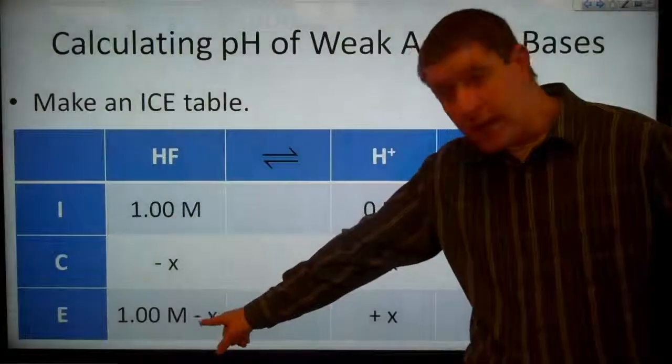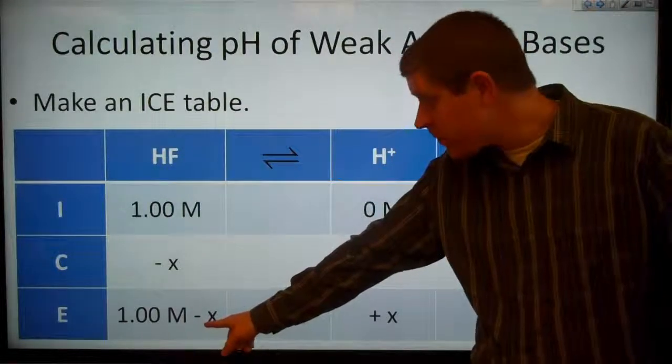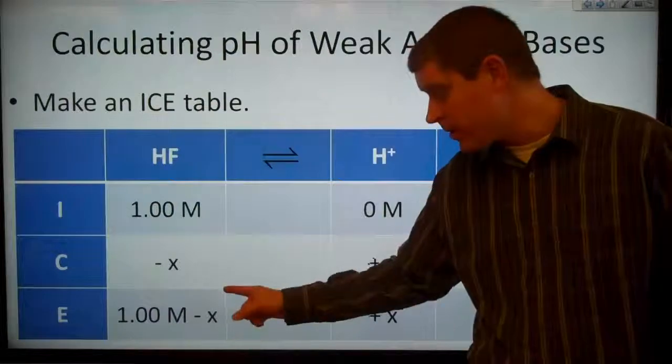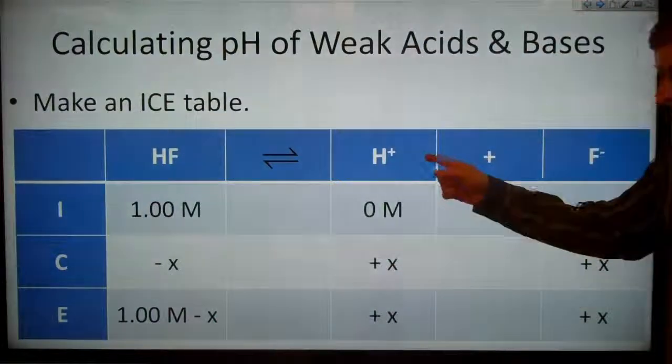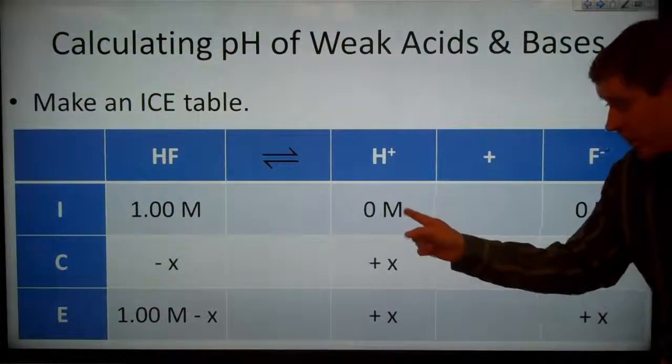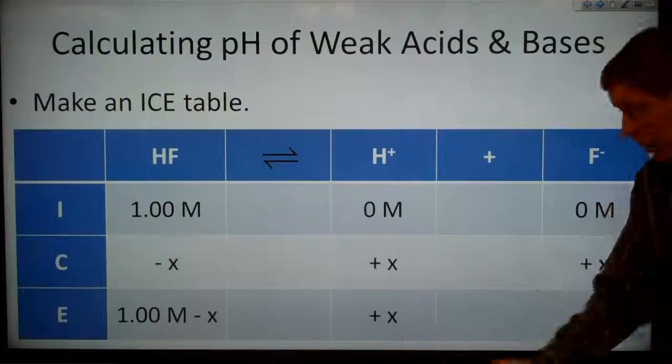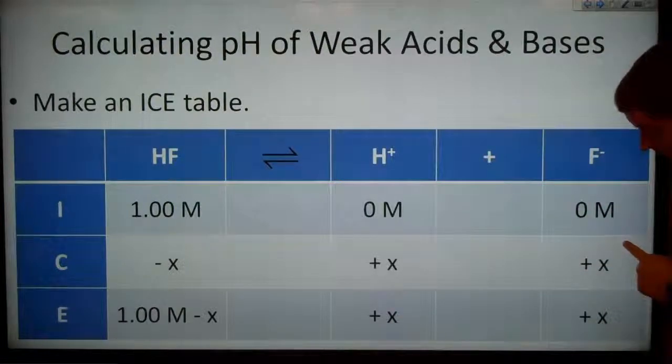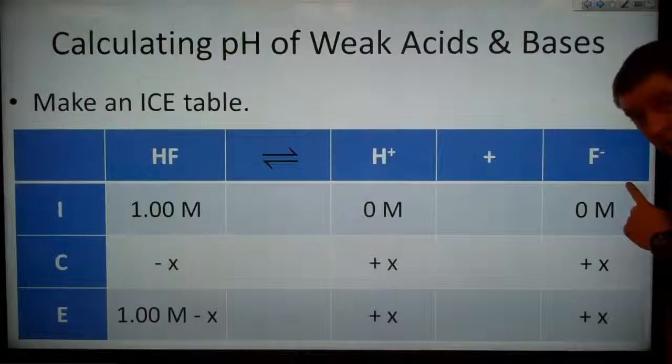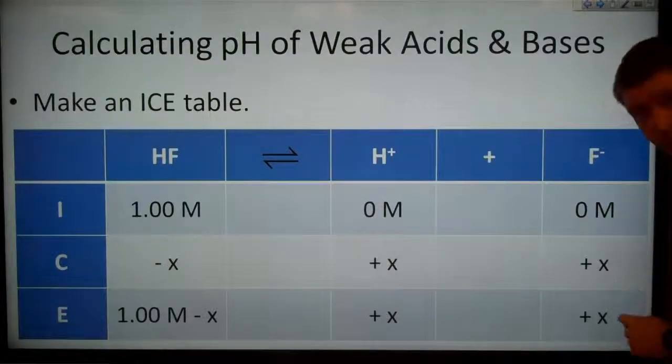And that means that our equilibrium concentration of HF will be 1.0 molar minus X. Our equilibrium concentration of hydrogen ion will be 0 plus X, so positive X. And our equilibrium concentration of fluoride will be 0 molar plus X, so plus X.